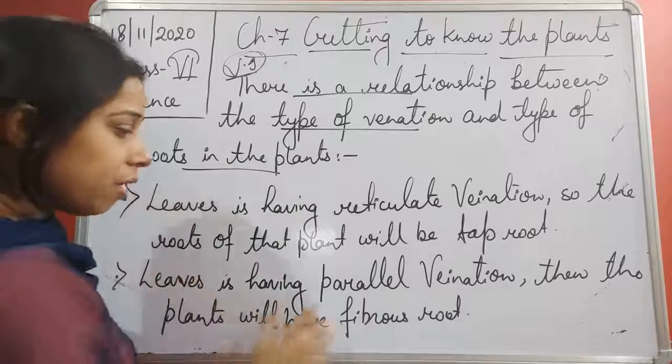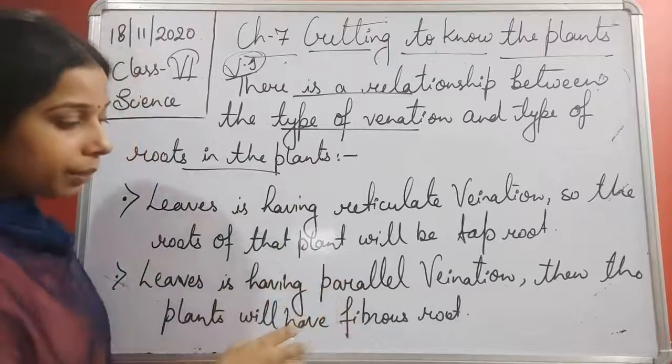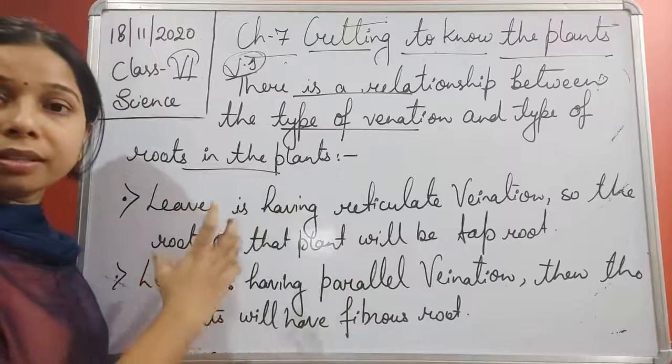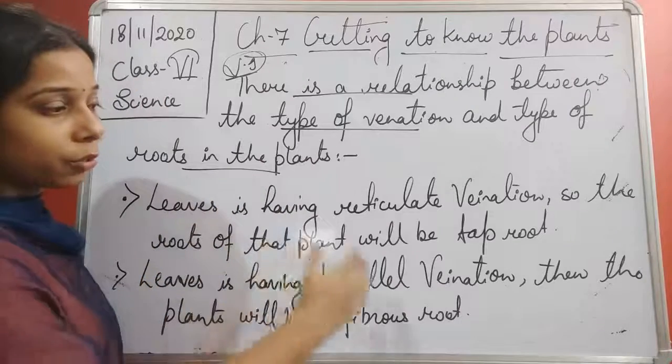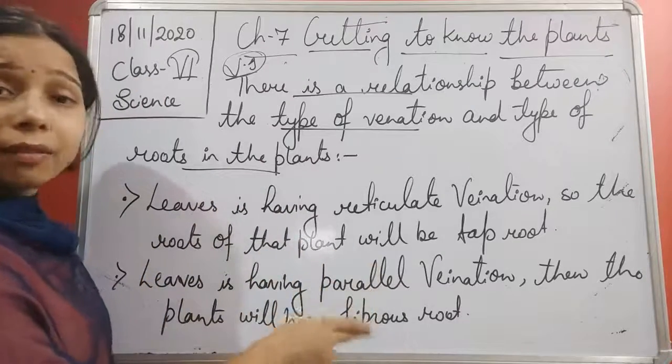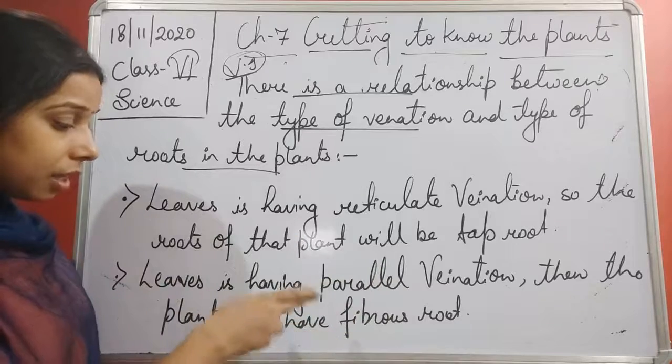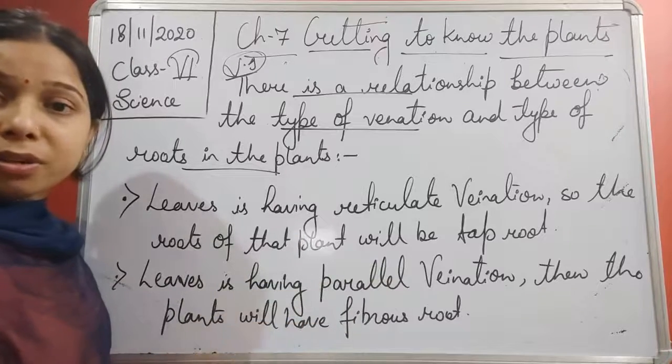But if the plant is having parallel venation on its leaf lamina, then we will understand that it will have a fibrous root.